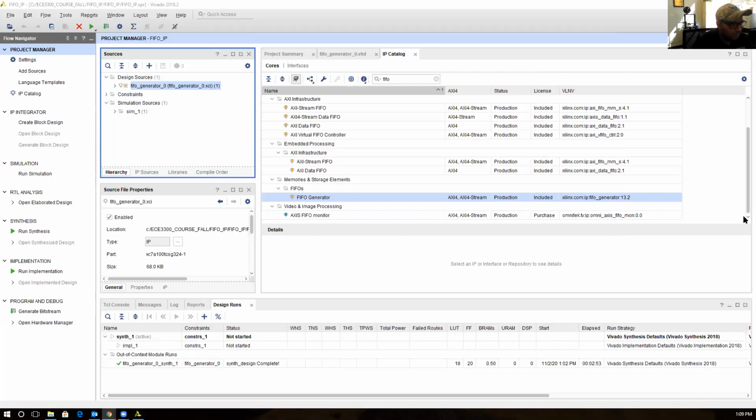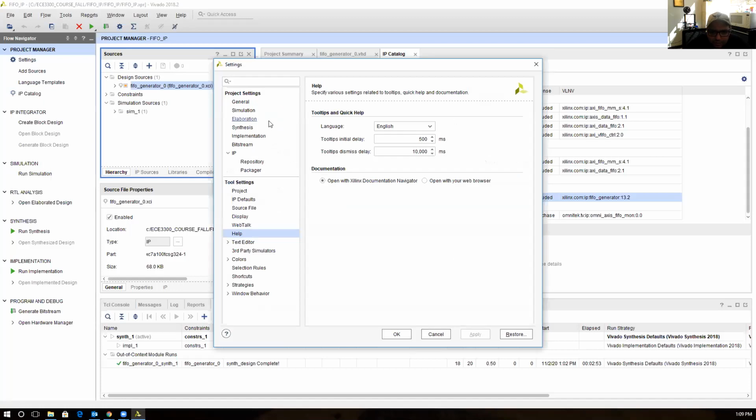Everybody can see Vivado, right? Yes. Okay. So it should be by automated SystemVerilog. Why is it not Verilog? That's the difference.